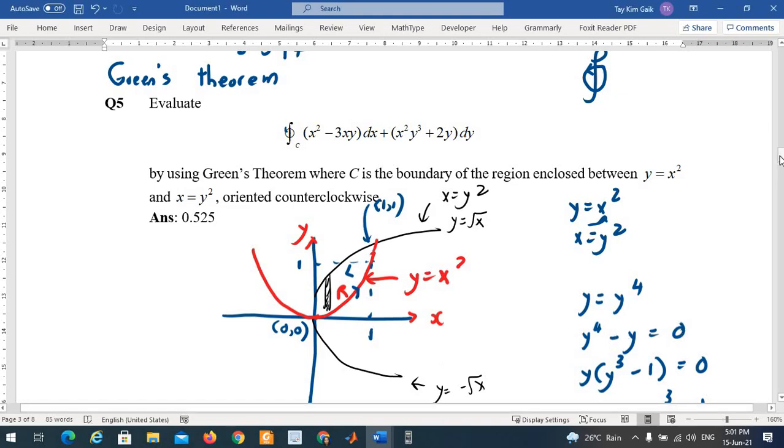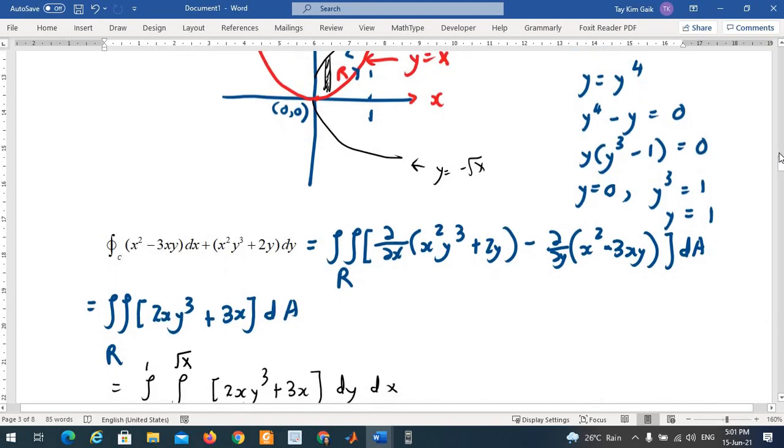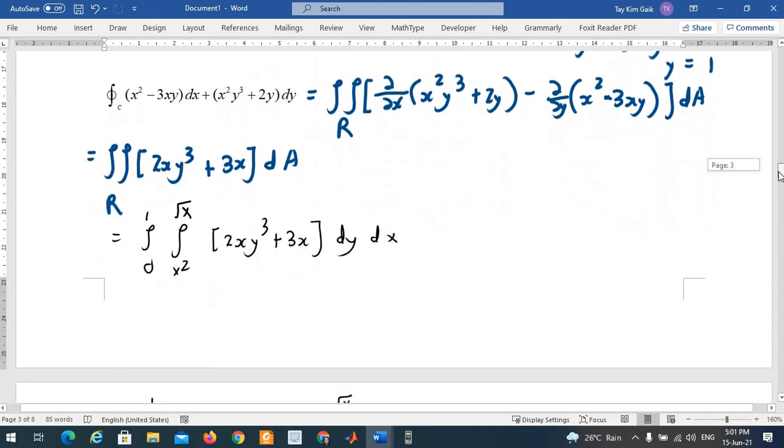First of all, check this one. So 2xy cubed plus 3x, correct. And then integrate here.